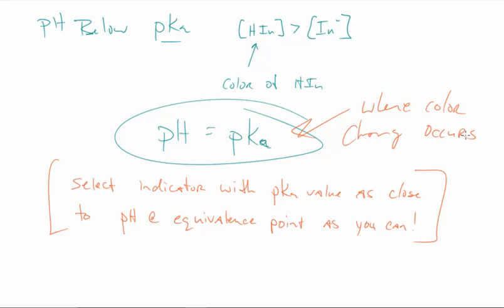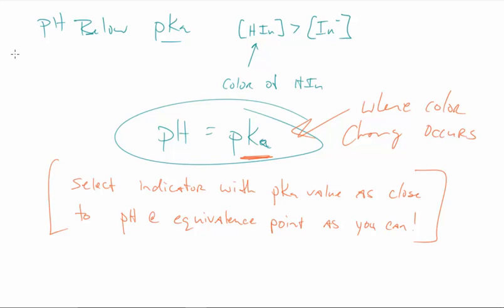So if the pH of that is, and this is the pKa of the indicator, what I'll see is my color change occur, and a lot of times it'll overlap with that sharp increase in pH where the equivalence point occurs, and the indicator can be a good indication of when I've reached that equivalence point and I can stop.